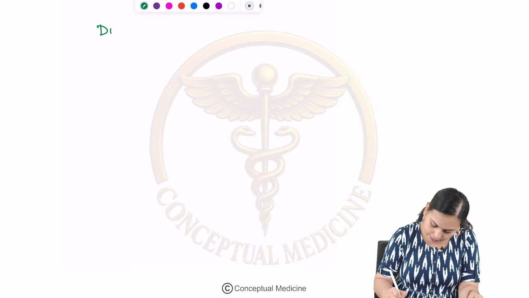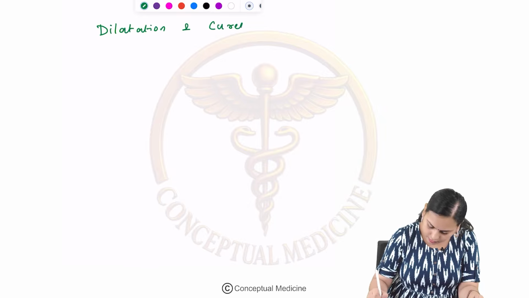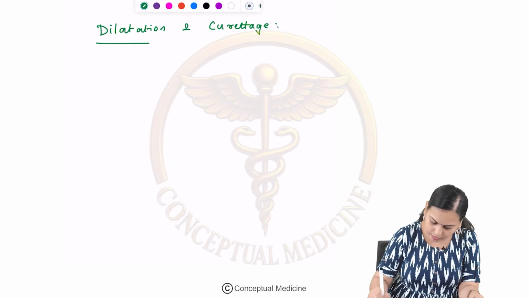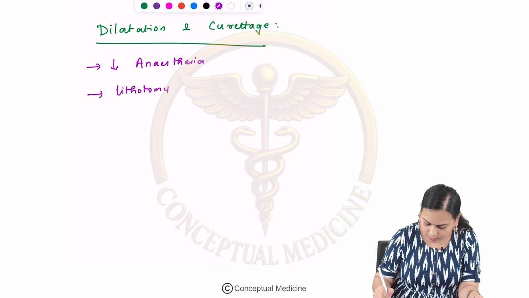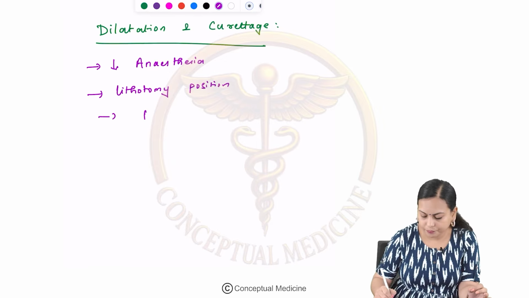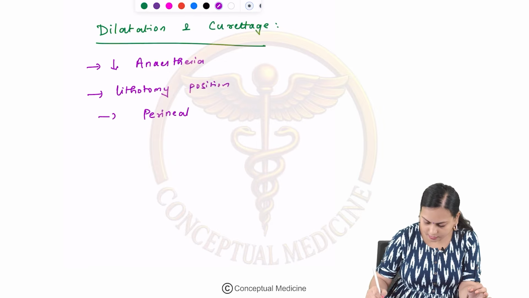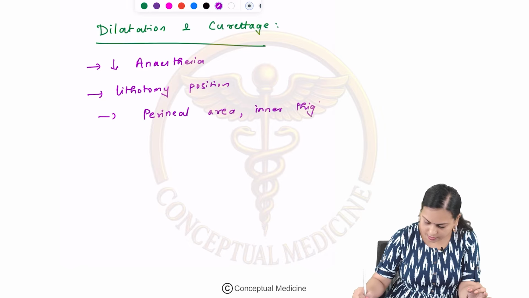Dilatation and curettage is also performed under suitable anesthesia. The patient will be in lithotomy position. You have to clean the perineal area, inner thigh and vagina as well.